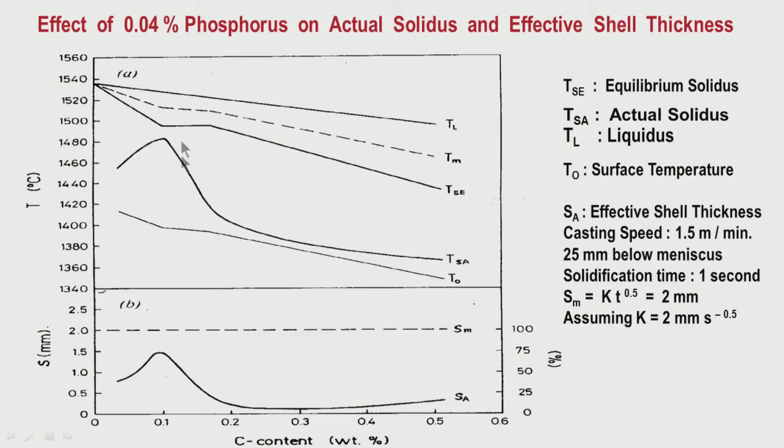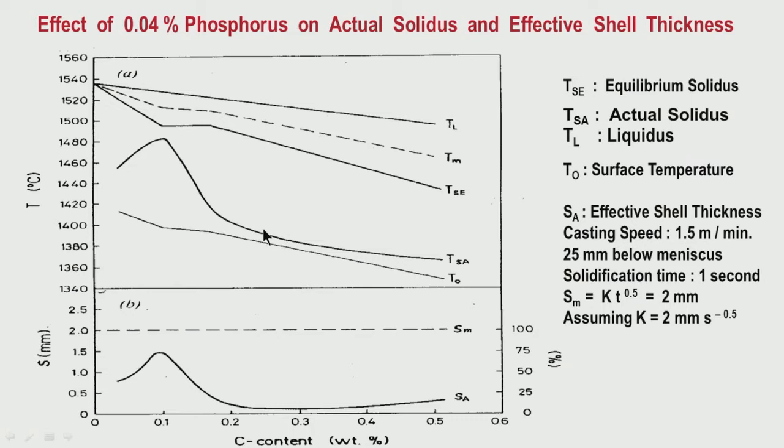This difference is quite more. You look at this figure, it is quite more at 0.1% carbon. So, at 0.1% carbon, the solid shell is relatively thick and the mushy zone is relatively thin, but as you are going to high carbon levels more than 0.2, what is happening? The actual solidus is coming down.